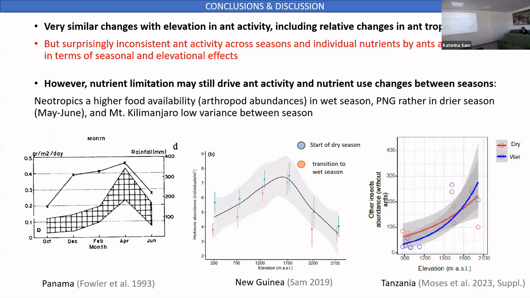And to make things even trickier, we now collected along the vertical gradient, along the crane, across the season: beginning of the dry season, beginning of the wet season, and end of the wet season. And the patterns go opposite. There is a high diversity of ants in the canopy at the beginning of the season, but the other insects are not there.